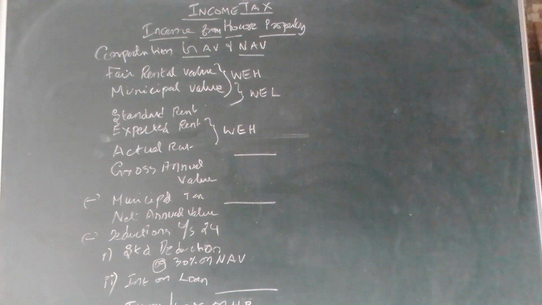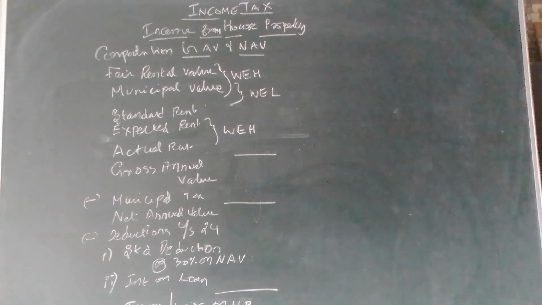But if you borrowed the loan for the purchase and construction of the property, from that date onwards the interest on that loan will be calculated. So two things we should keep in mind, pre-construction interest and post-construction interest.